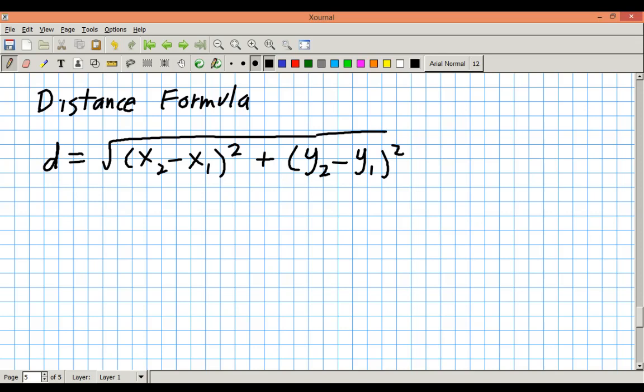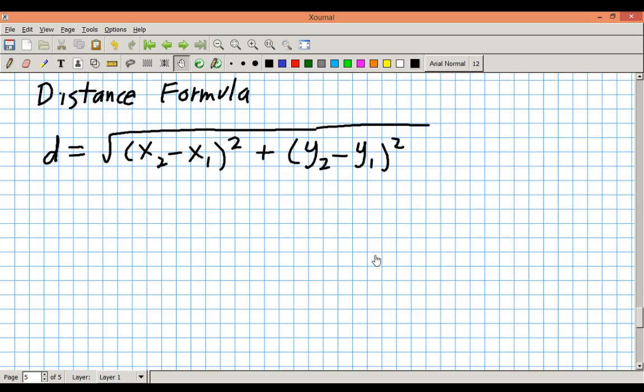And that's all under a square root. So these problems are going to involve radicals, so you're going to have to remember how to simplify radicals. So there's your distance formula. And again, that comes from the Pythagorean theorem, which we'll explain later when we talk more in depth about it. Right now, basically, all we have to do is know how to use it.